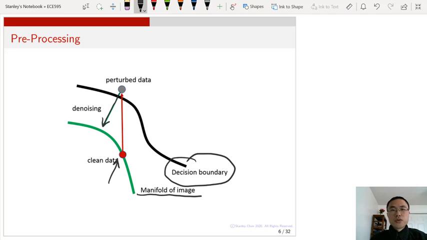Probably not, because you have objects, you have texture patterns, and you have edges, you have color. These are living on a low-dimensional subspace rather than living in the ambient high-dimensional space. And therefore, these data points will be likely to live on some kind of manifold, although we don't know what the manifold is. But when you do the denoising, you are indeed trying to project the perturbed data onto this invisible manifold.